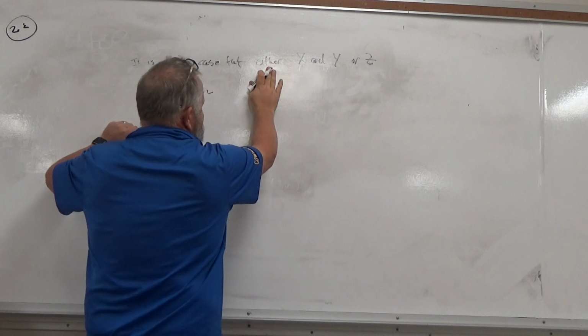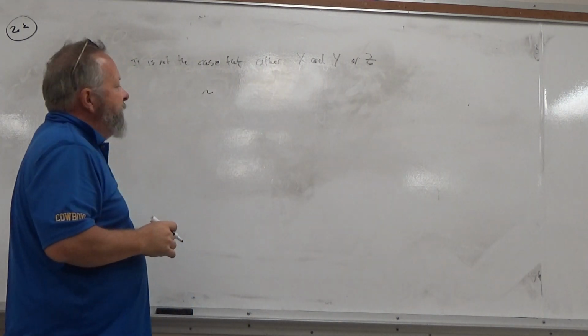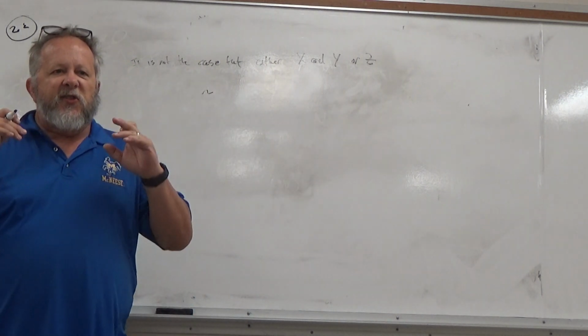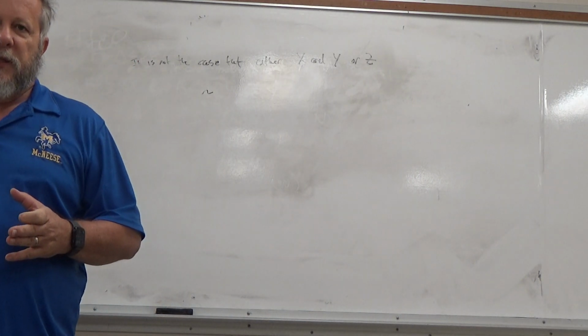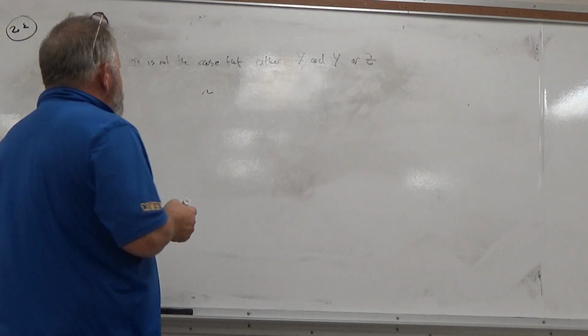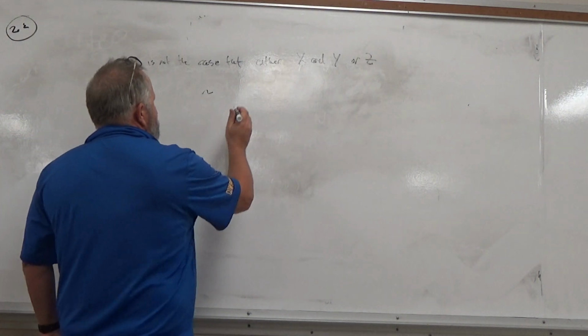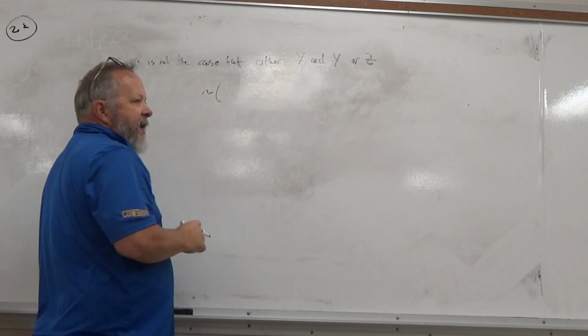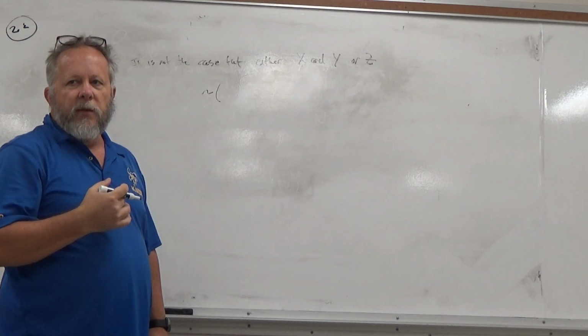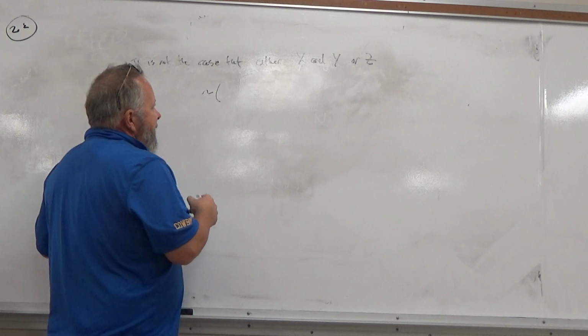Now we got this "either" business. Here's the deal. Either signals the beginning of an or. Does everybody understand that? And so whenever I see either, I'm going to write a parentheses saying I'm starting an or, okay?